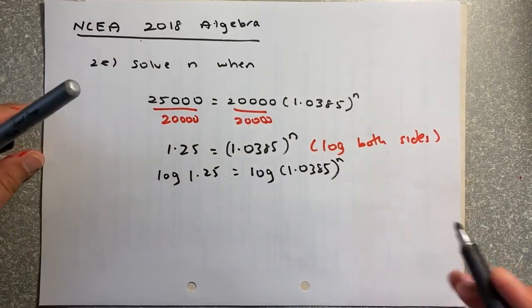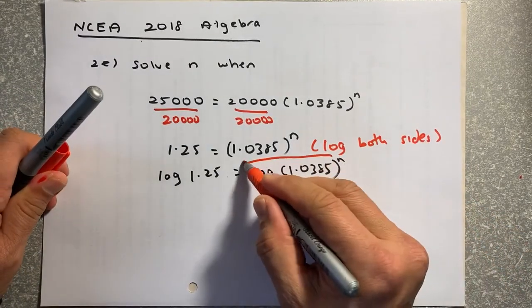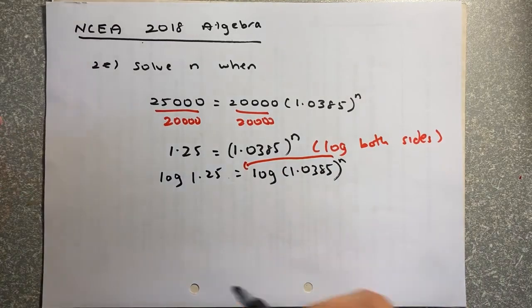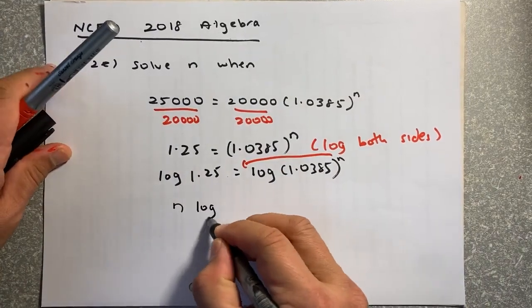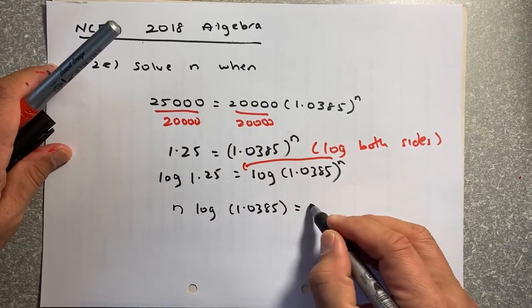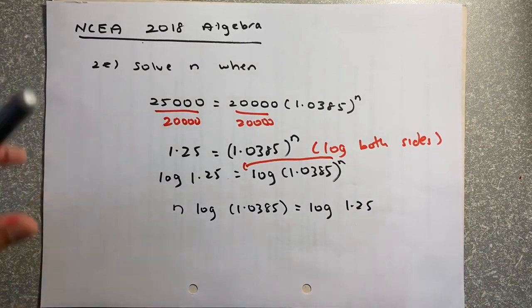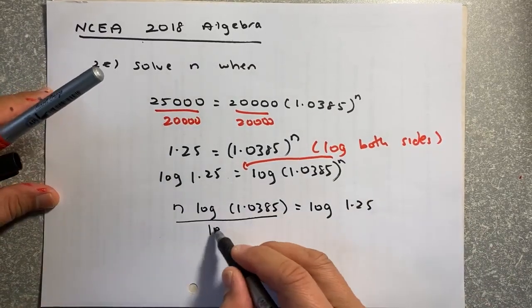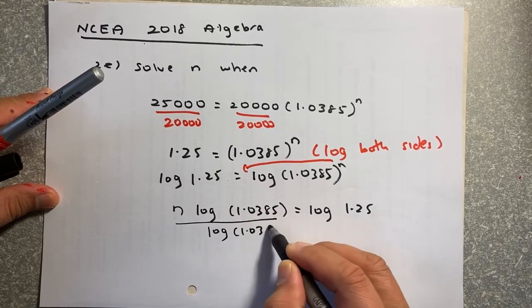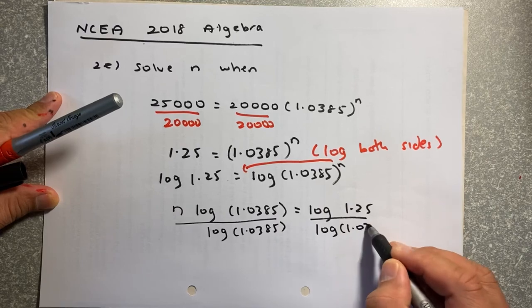The next thing you do, you bring the power of n downwards. So this n comes down, and then it's going to be n log 1.0385. I've rearranged the formula: n log 1.0385 equals log 1.25, and the last step, I'm going to divide both sides by log 1.0385.